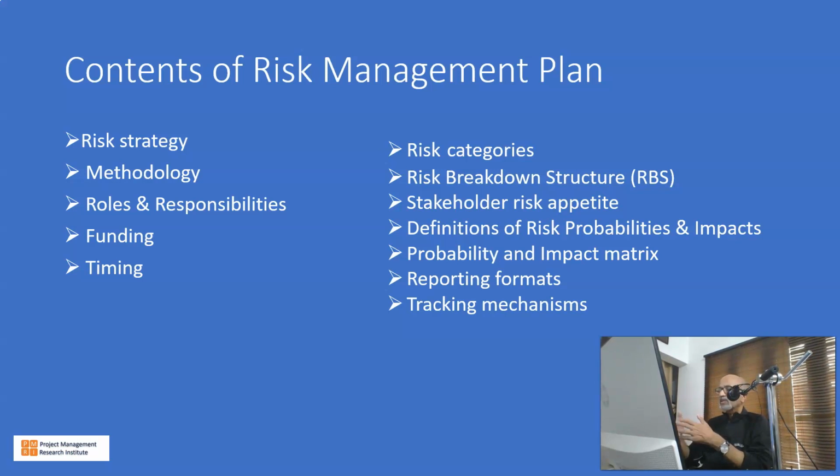And so is the case with the impact side as well. So these things get into the risk management plan. Then probability and impact matrix, which we'll discuss as we proceed. The reporting formats for risk can be part of the project risk management plan, and the tracking mechanisms can also be defined as part of the risk management plan.